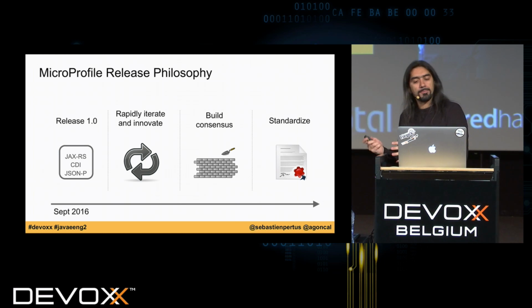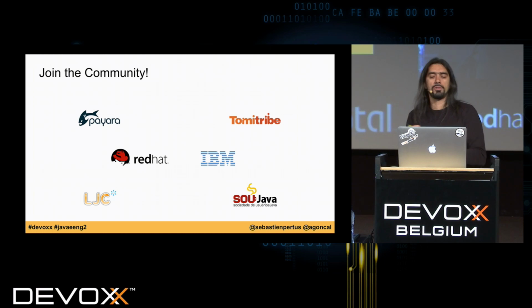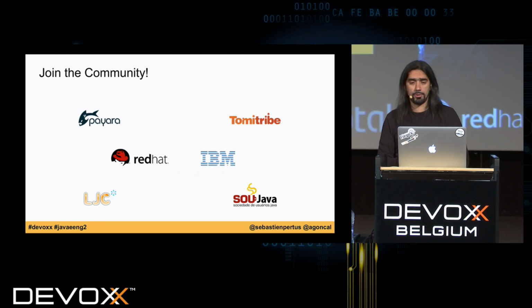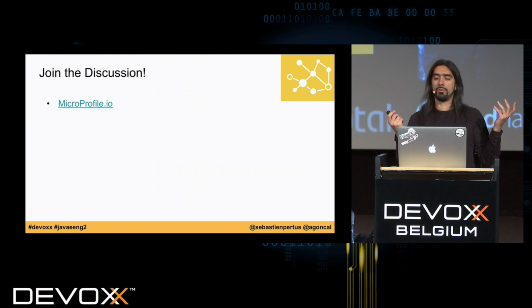So it's an effort by the community. Of course, there's IBM, Red Hat, and Payara, and so on. But there's also people like me and JUGs. So if you want to join this MicroProfile thing and the microservice world, there's a website.